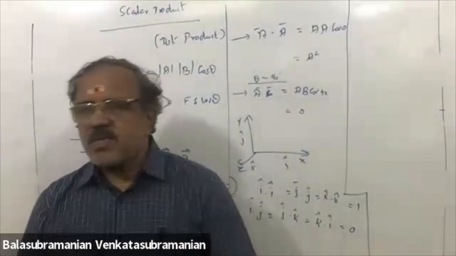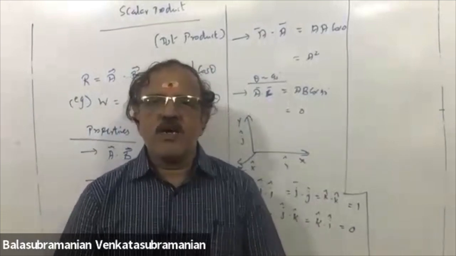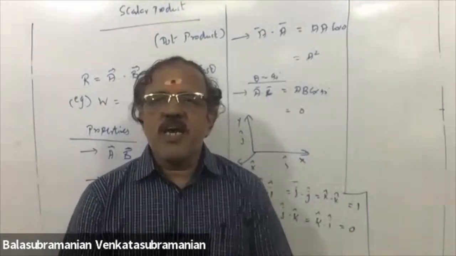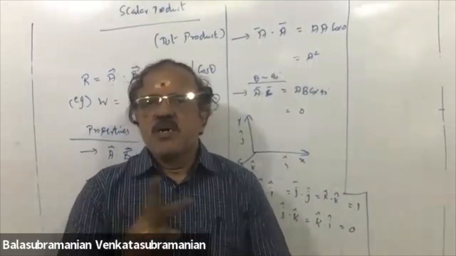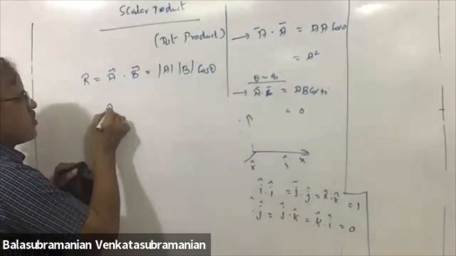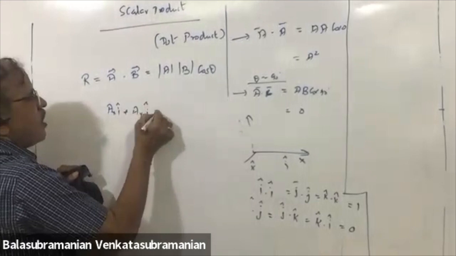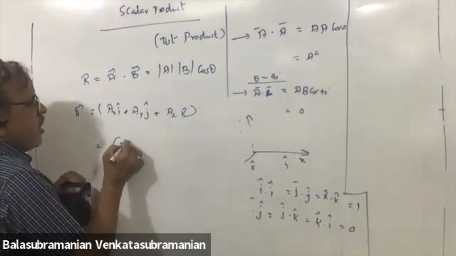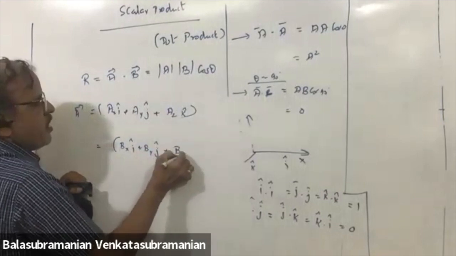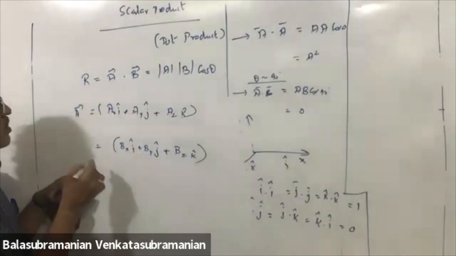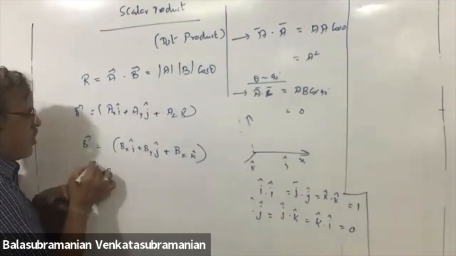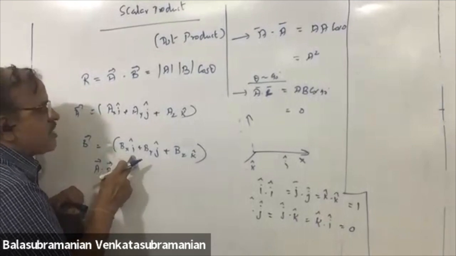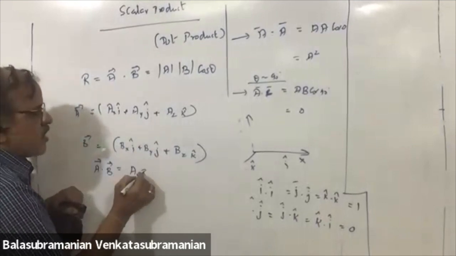Vector A is AX I plus AY J plus AZ K. B vector is BX I plus BY J plus BZ K. Calculate A dot B. AX I dot BX I, I dot I is 1, so AX BX.